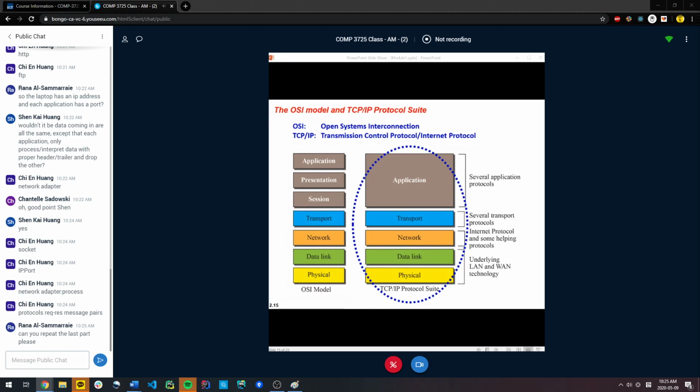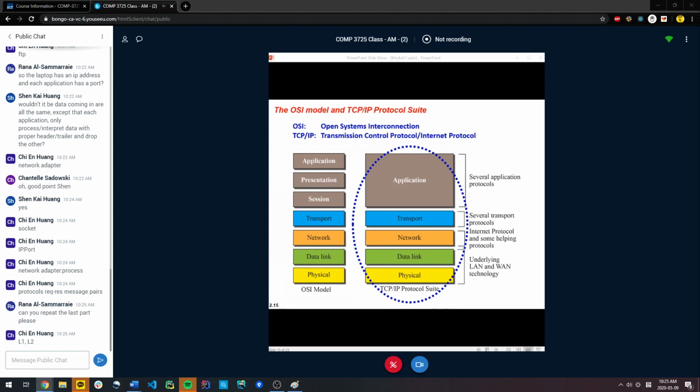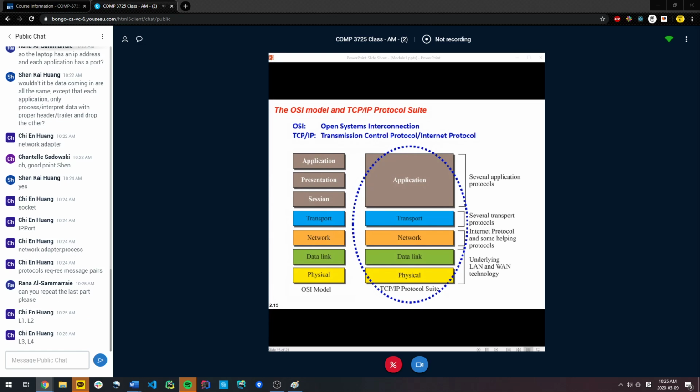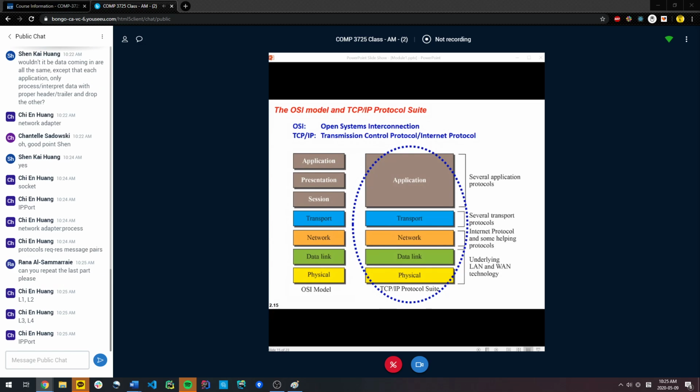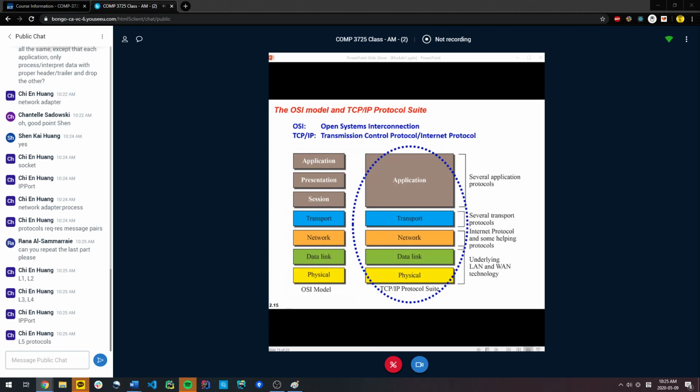No, I just said this. Remember, I said layer 1, layer 2. L2 allows you to communicate within a single broadcast domain. L3, L4 is your IP port pair. And then L5 is the protocols, which is the request response message pairs.